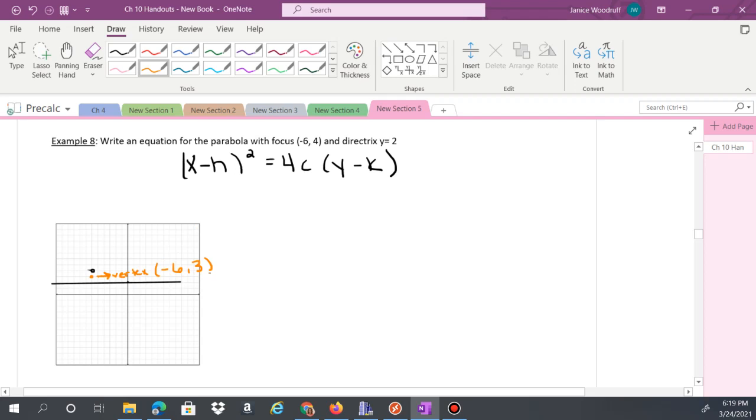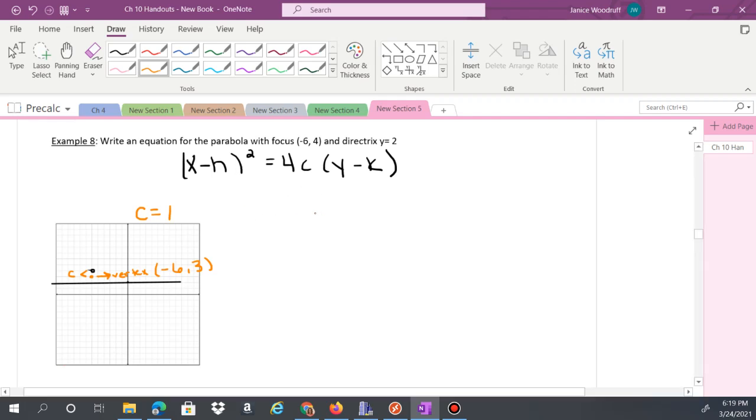So you have a vertex of negative 6, 3, and then you want c, the distance from the vertex to the focus. So c, that's going to be this right here. What's that going to be? Yeah, just 1. Positive 1 because it's going up. There you go. See how it's easier when you are looking at it as opposed to trying to do it algebraically. So always have that graph handy or graph paper or start drawing it out just a little bit.